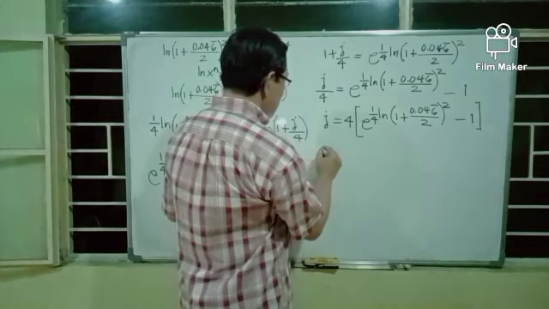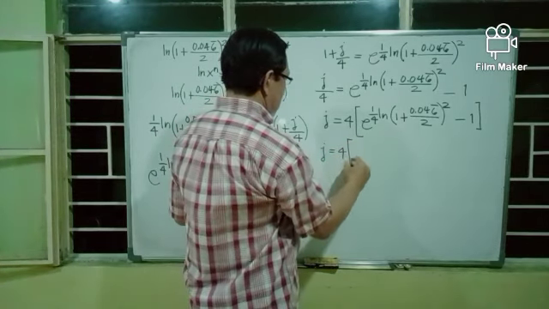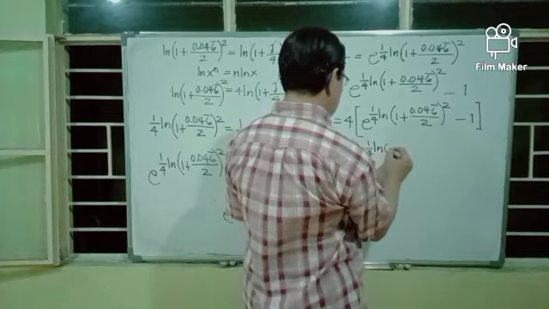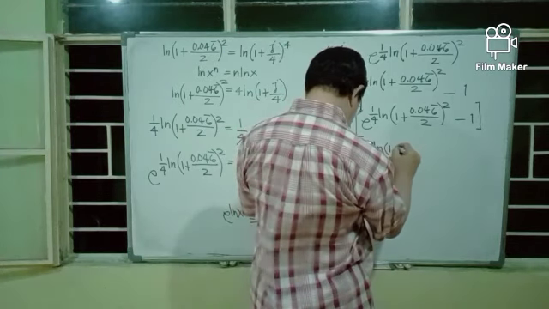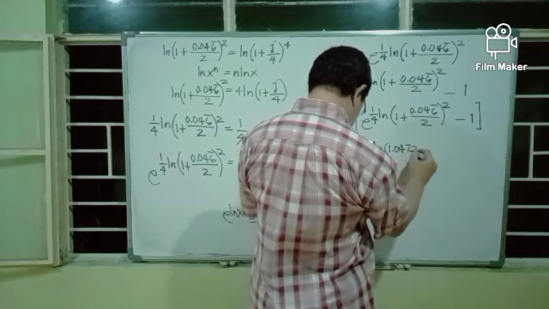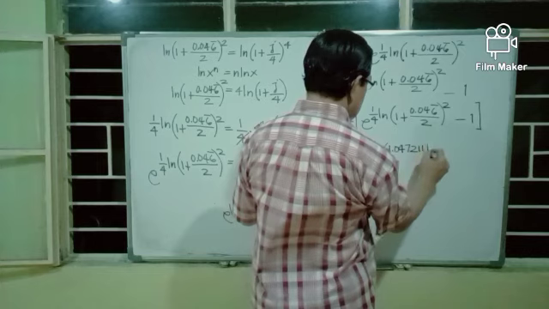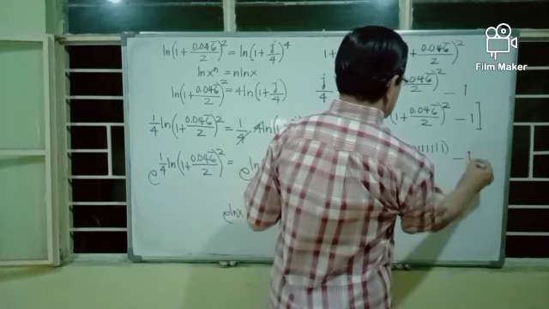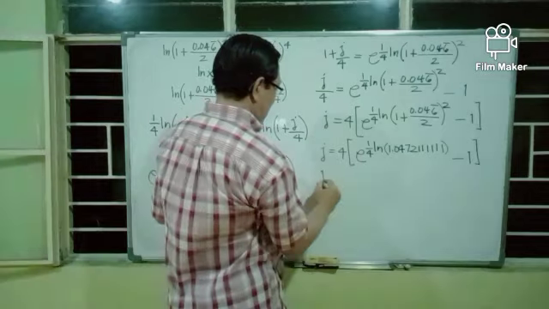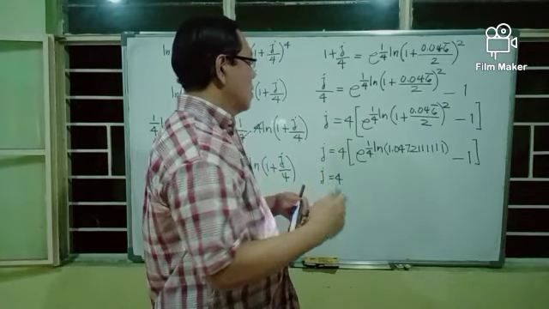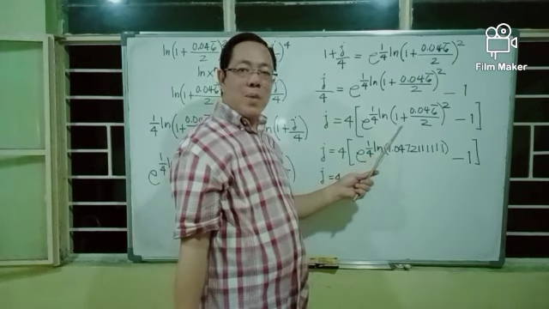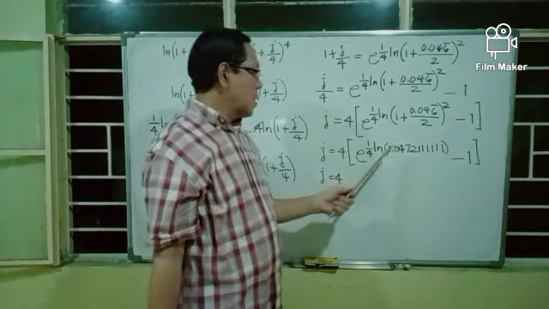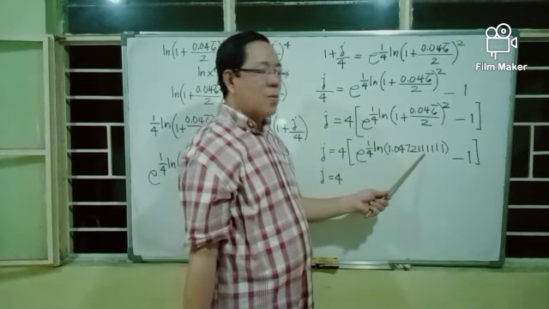And we write j. We have 1 plus 0.046666 divided by 2 to the power 2 is 1.0472. 1 is repeated.